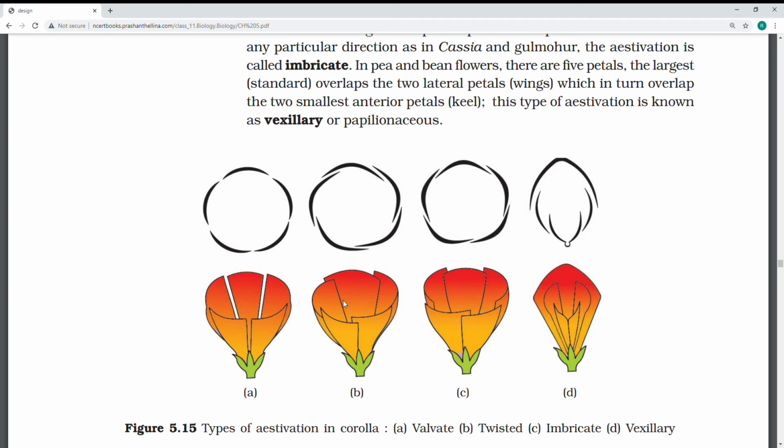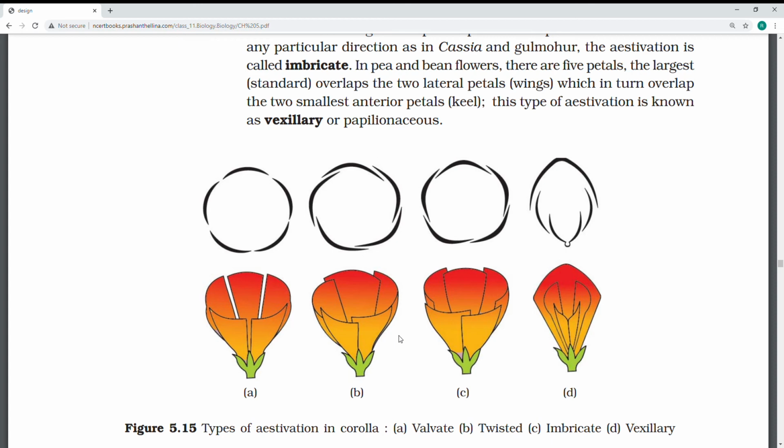Next one you see imbricate aestivation. For valvate, the example also, you observe the names they have given, which are different. For imbricate they have given cassia and gulmohar.